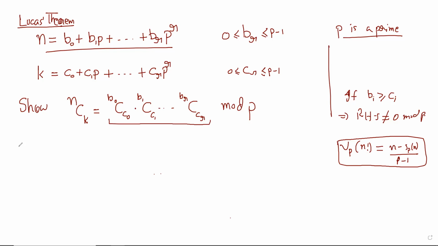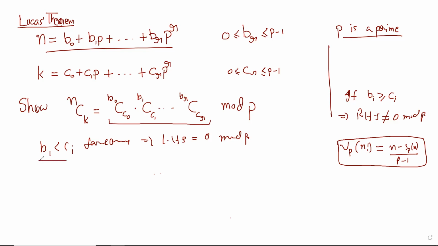And by the way, I think from here, the other case is actually proved, right? That if Bi is less than Ci for some i, then it implies that the LHS is 0 mod P. Because geometry implies algebra. Kind of, right?